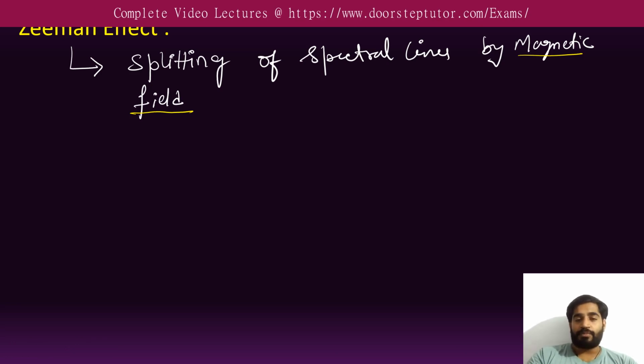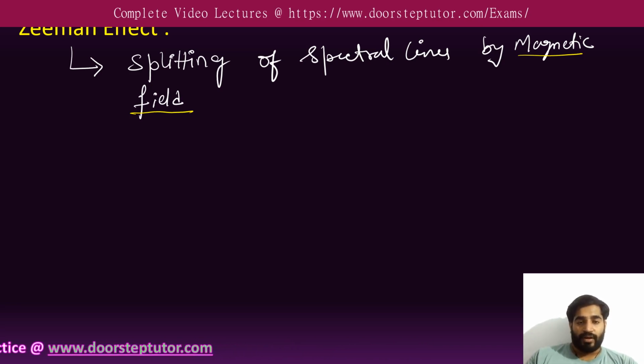So when the atom is placed in a magnetic field, its spectral lines further split. Without a magnetic field it splits, that's okay, but when we place it in a magnetic field, it further splits into polarized components, and that split is proportional to the strength of the applied field.